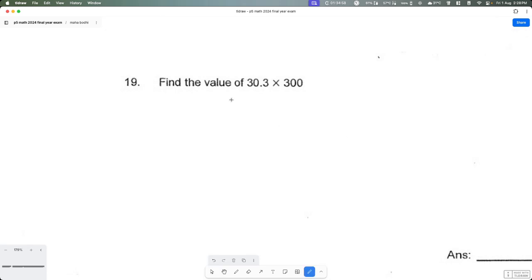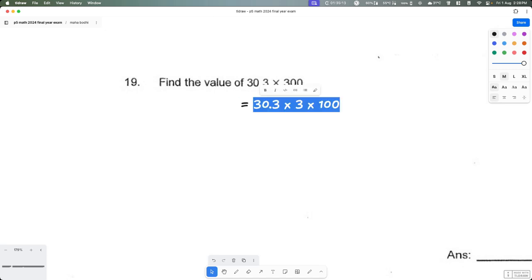Okay, it says here, find the value of 30.3 times 300. Okay, so we can simplify this. So this 30.3, all right, let's leave it at this, times 3 times 100. Okay, and then what we can do is we can actually multiply 30.3 to be 90.9.